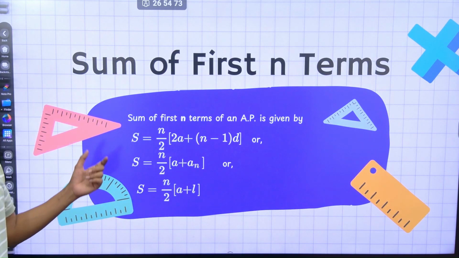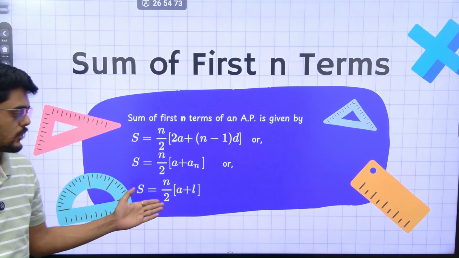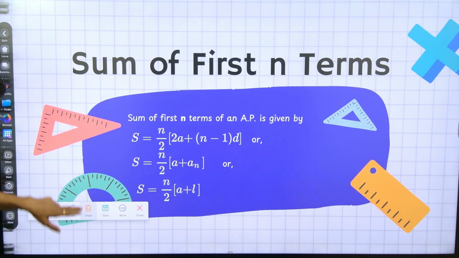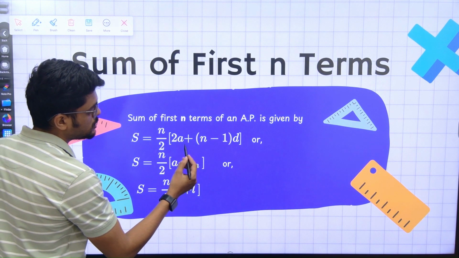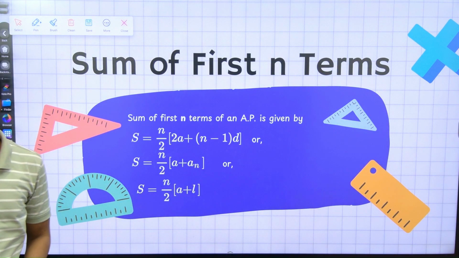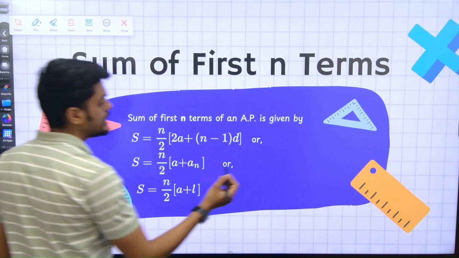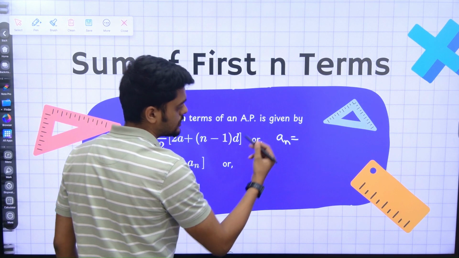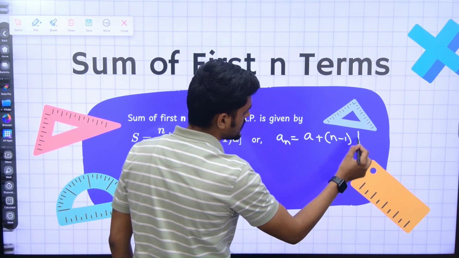You can see over here that the sum of first n terms is calculated by three formulas. The very first and basic formula, applied in each and every question, is n by 2 bracket 2a plus n minus 1 into d, where n stands for the number of terms. Now recall the formula we just calculated for the nth term: a plus n minus 1 into d.